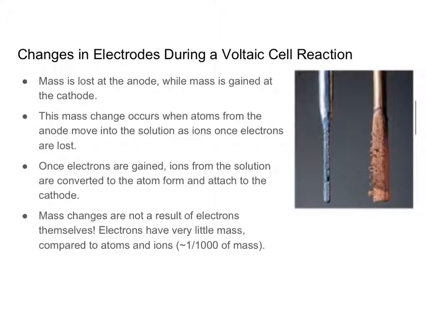The mass change is really because the zinc atom is being removed and becoming the zinc ion and going in solution. And when the copper ion accepts those two electrons, it's adhering itself to the cathode, and as a result making the cathode have a little bit more copper atoms.